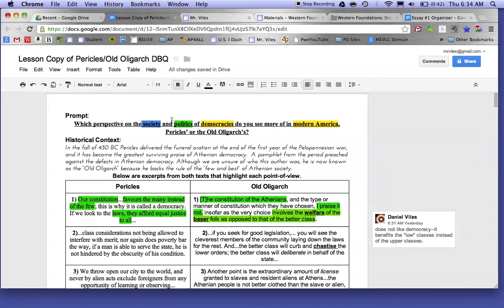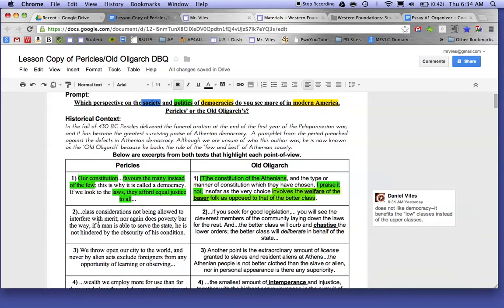So you have to think, do you agree that our country today, modern America, is more like what Pericles would have predicted, that democracy has made us strong? Some of the things that you've highlighted and isolated, when you read those, does that sound like what modern America is today? Does it describe how we function?